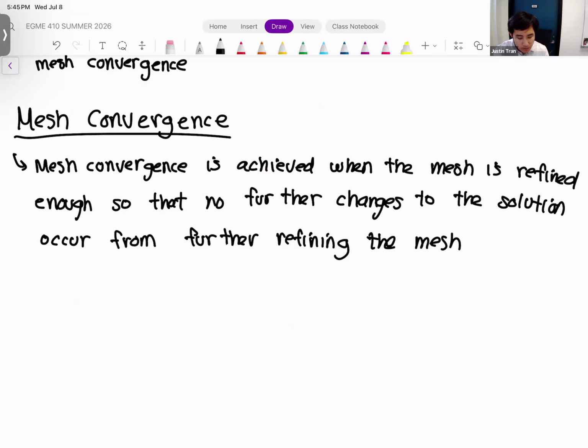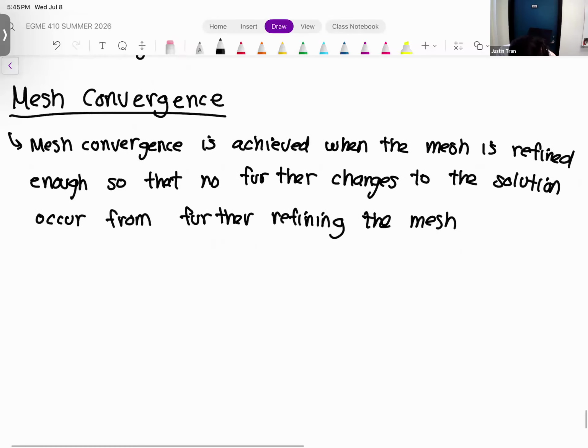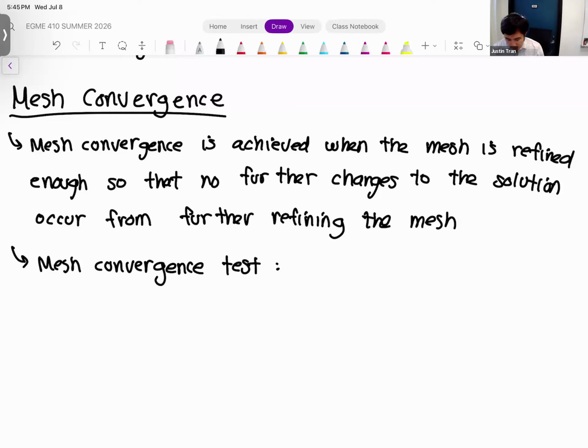It gets this name because a lot of times, or I would say every time you run a finite element simulation, you want to conduct what's called a mesh convergence test. A mesh convergence test is something you can do to show that your mesh is converged.